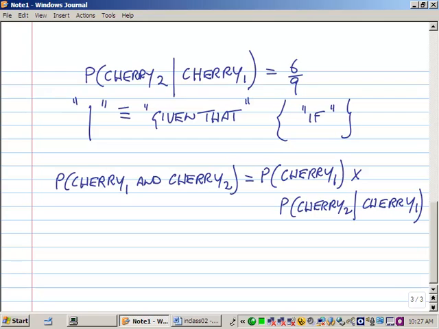All right, we have conditional probability, this second element here, and this whole equation is called the multiplication rule.